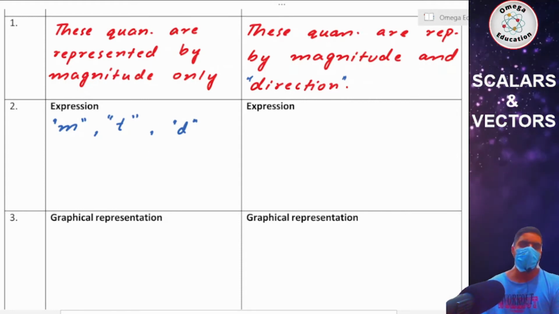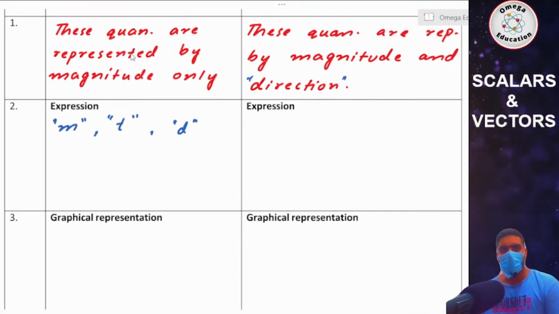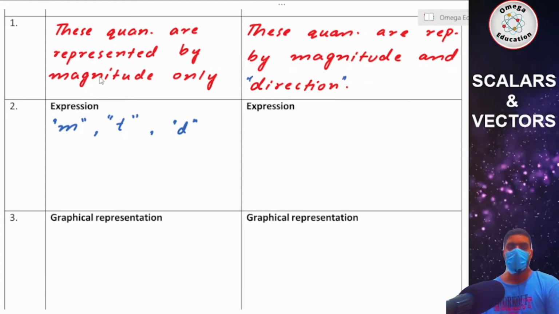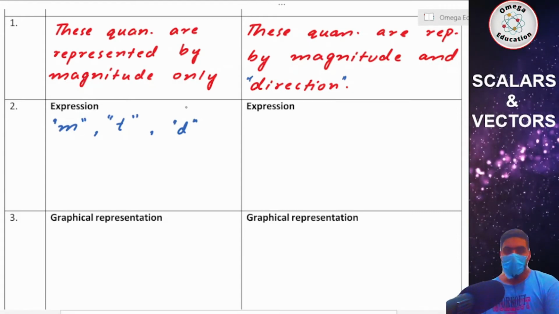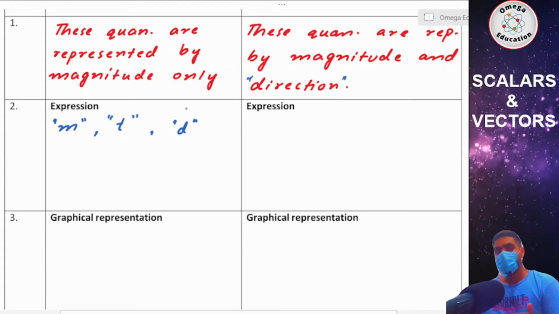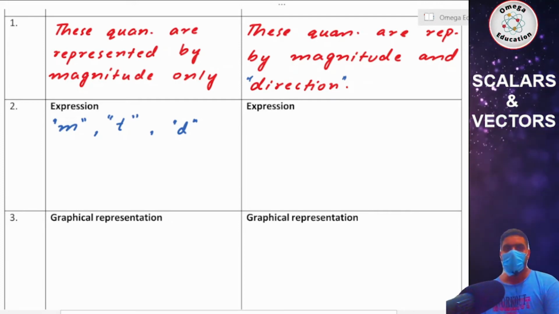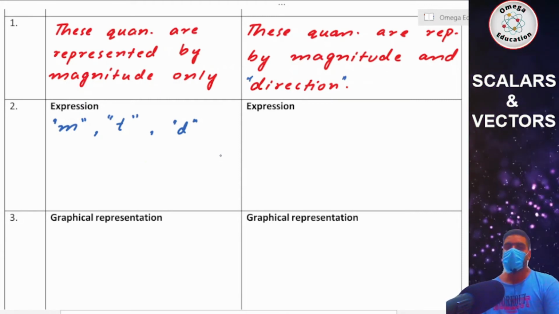So these are represented by normal alphabets, depending on what the quantity is, and we should learn the symbols as well. This is what we studied in the very first video of this chapter, that you need to learn the symbols and the units of some prominent and especially the base quantities.